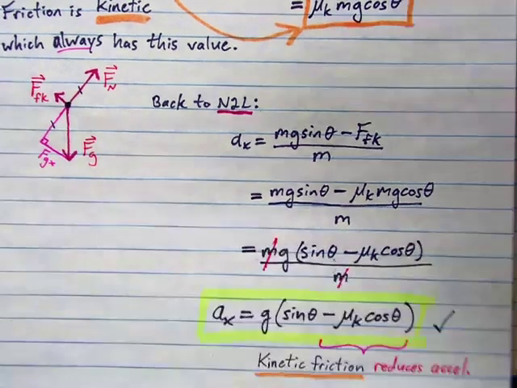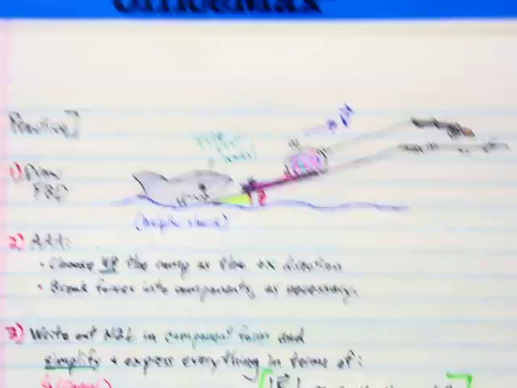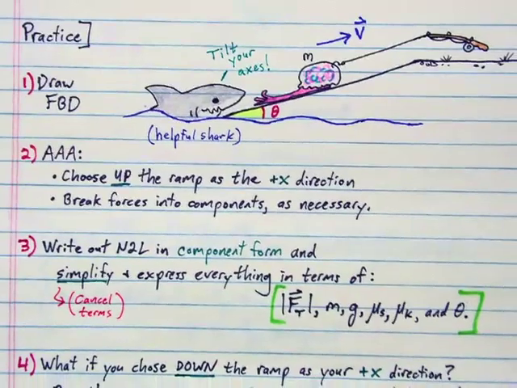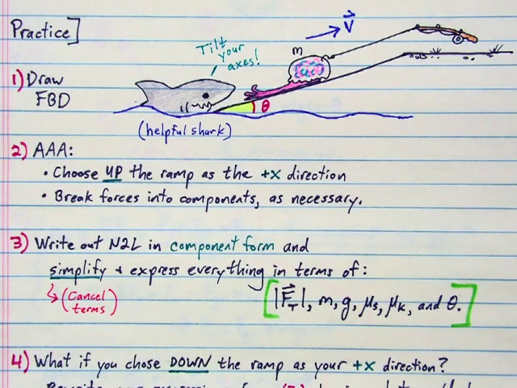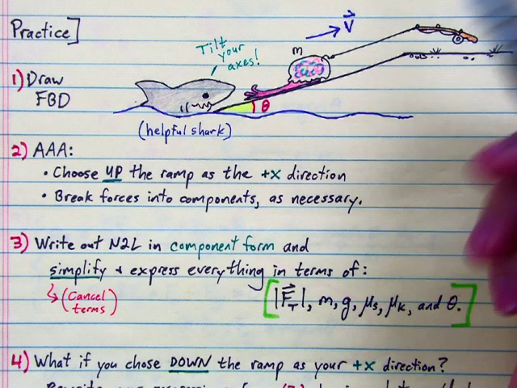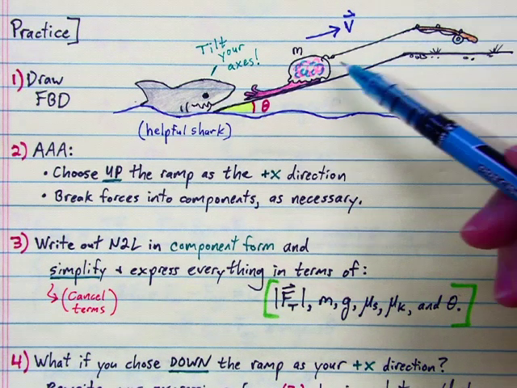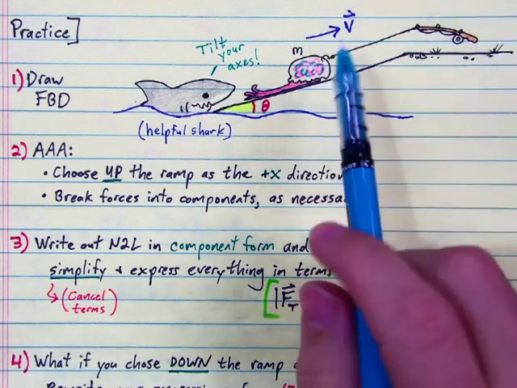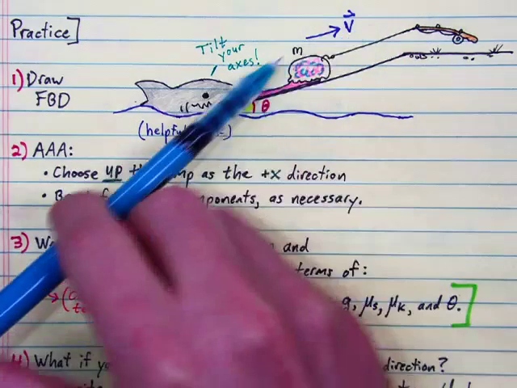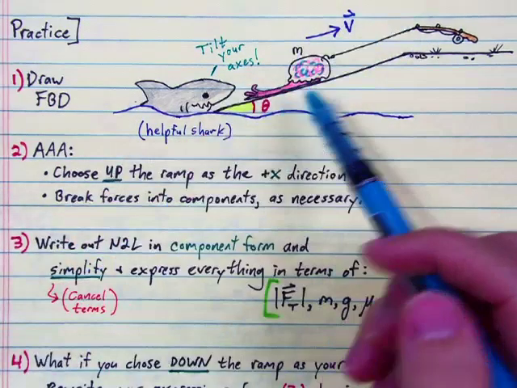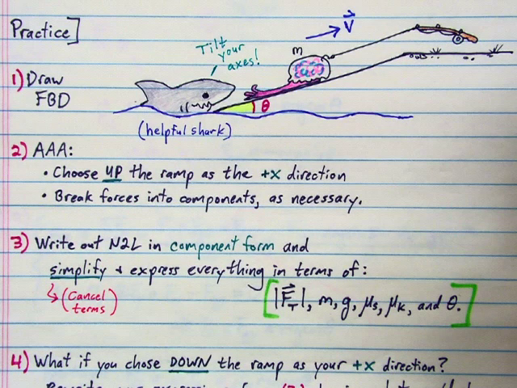All right, so having been through all that, here is a scenario for you to practice putting together all these skills. We've got a jellyfish that you've just hooked while fishing off of the boat ramp here, and you're hauling it up the ramp. Let's say it's moving upwards with some velocity. So the jellyfish is slipping on the ramp.